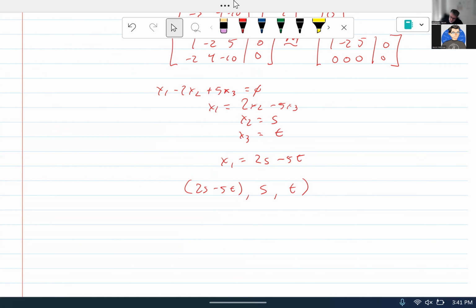So I can say that this is my x. I got an extra parenthesis there, sorry about that.